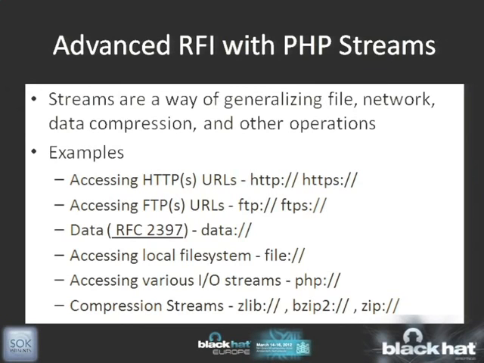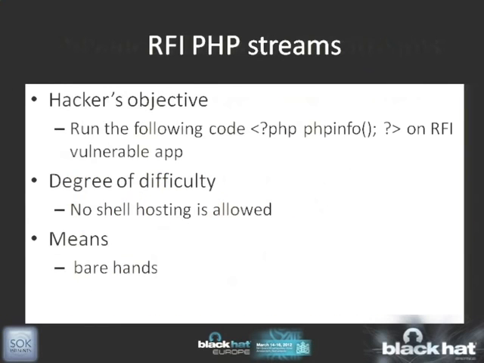So we have the usual HTTP, FTP, and so forth, but we also have some non-standard and less known streams such as data, file, zlib, and so forth. And hackers can use these kinds of streams in order to attack.